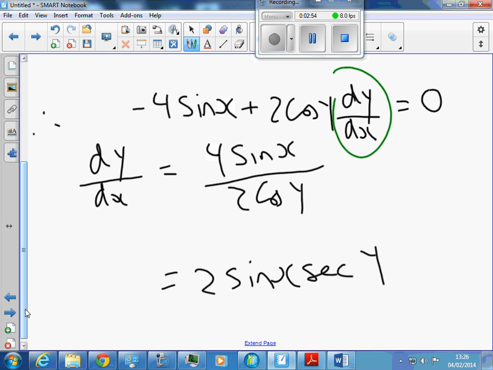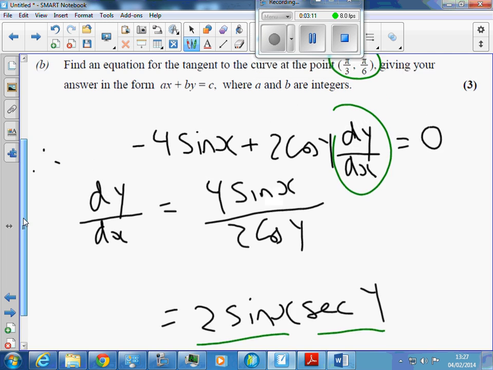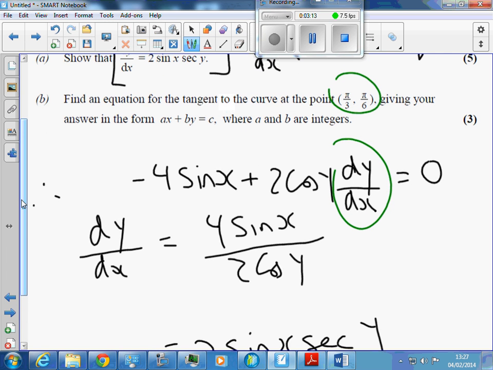But now dy by dx is a function of x and y, so we actually have to plug in both the x coordinate and the y coordinate. That's a distinction we have to understand, and the coordinates are given.